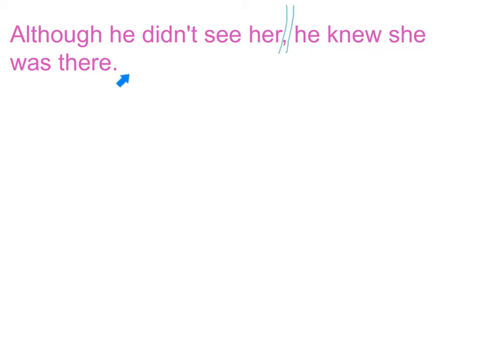He knew she was there has no conjunction, and it's called the main clause. Let me make a block around it so that you can see it. Every sentence has one main clause. A main clause is always independent, and it does not have a conjunction.